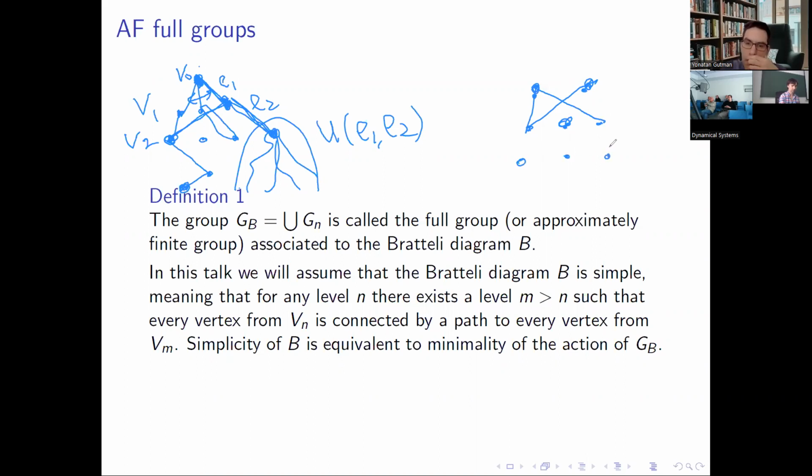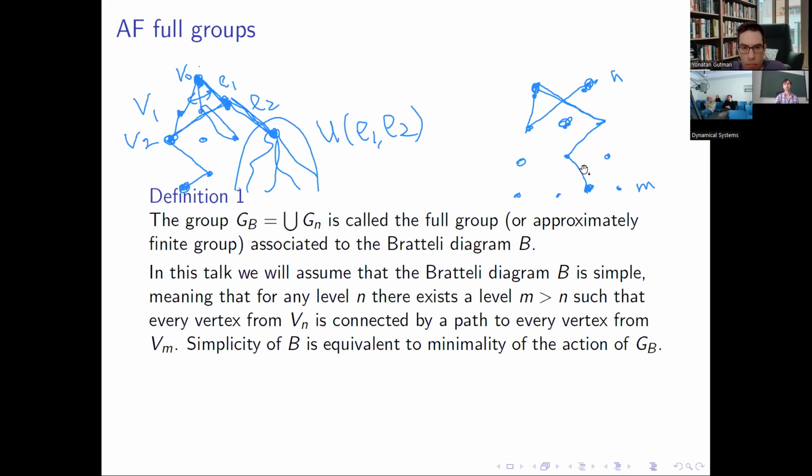But the property is that there exists a level m greater than n, maybe some large number, such that for any two vertices, there exists some path joining them. And this simplicity of B is equivalent to minimality of the action of this group G_B on this space X_B. This is not to be confused with the simplicity of the group G itself. The condition is different.